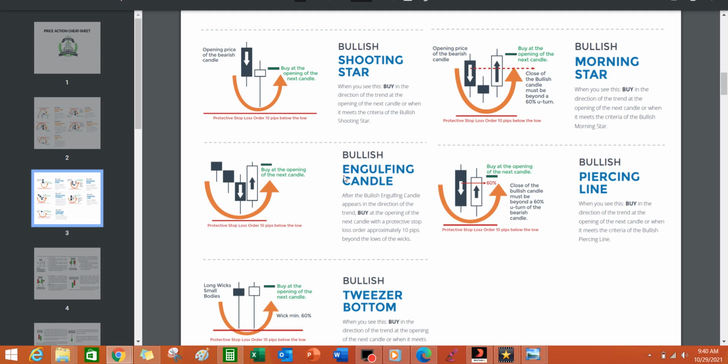This is the bullish engulfing candle. After the bullish engulfing candle appears, just the way you have seen it in this form, when the last bearish candle is this, and the next candle is the bullish candle, which has a bigger body compared to the last bearish candle, starts from the same edge, and its closing is bigger than that of the bearish candle, then definitely you should know that it is a bullish engulfing, and you should start buying after it is closed.